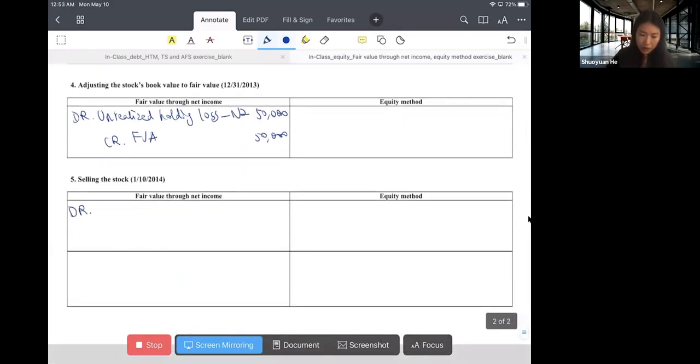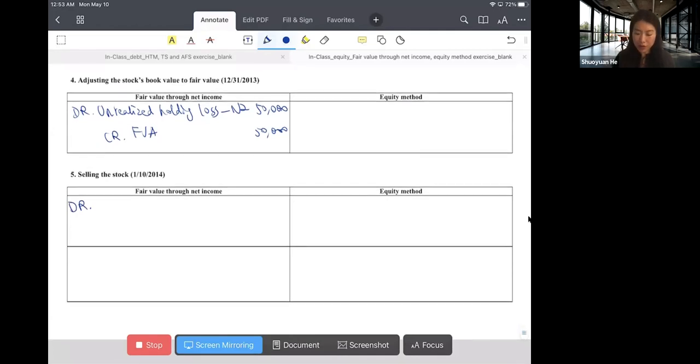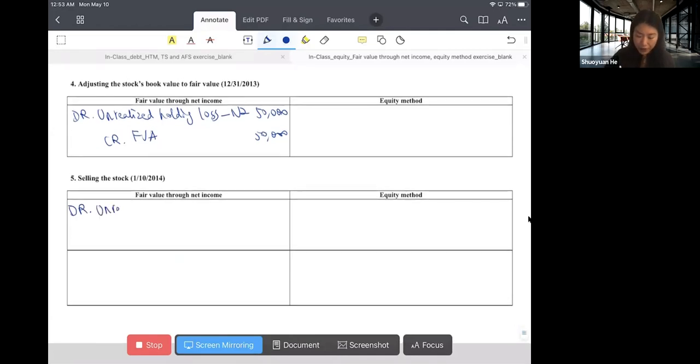So we first mark the stock again to its fair value by debiting unrealized holding loss, which goes into net income, 4,000, and crediting fair value adjustment 4,000.